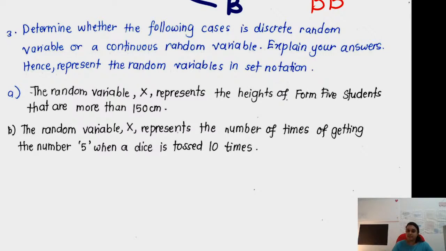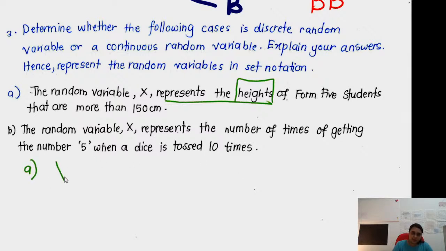Explain your answers, hence represent the random variable in set notation. Okay, the first one. The random variable X represents the height. This one teacher gave you all the clue just now, the example, continuous, isn't it? Heights of Form 5 students that are more than 150 cm.